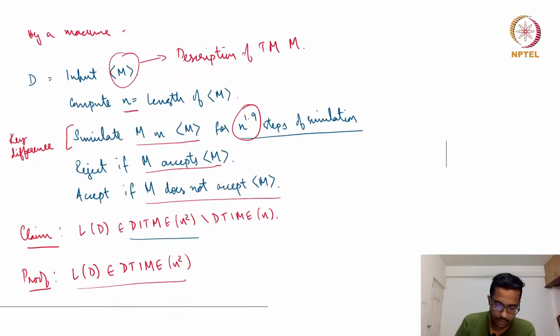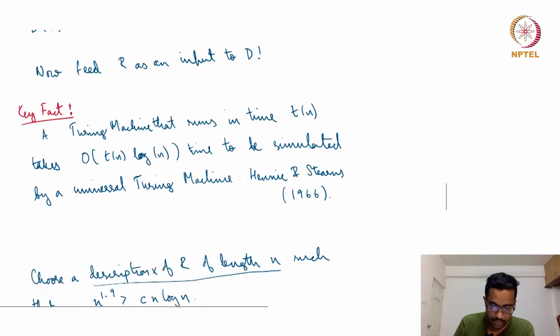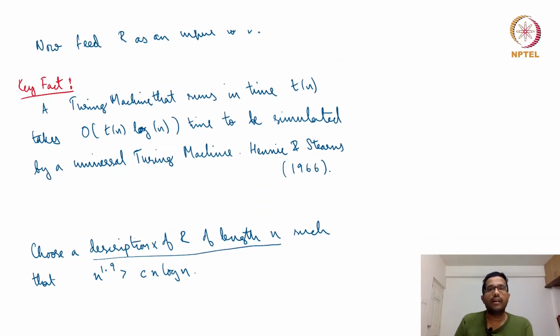Why does the log requirement appear? It appears because of how the simulation happens. How does one machine simulate another Turing machine? In the theory of computation course, you might have seen that we would just say we simulate this machine on that machine and so on. But here we are bothered about the time, so we need to keep track of how much time it takes.